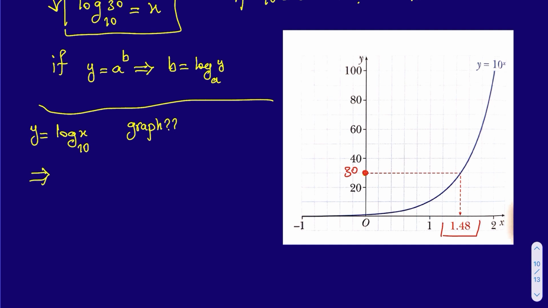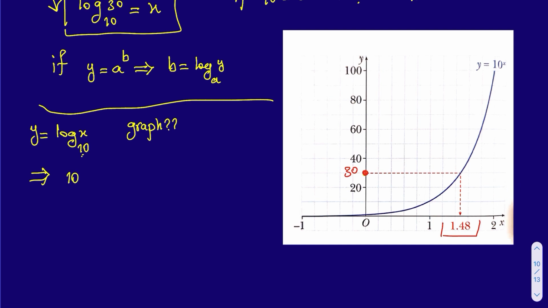So let's say I will convert this logarithmic function. Where is the base? The base here is 10. So here, log x to base 10. So here is the base. I will write base here, 10.